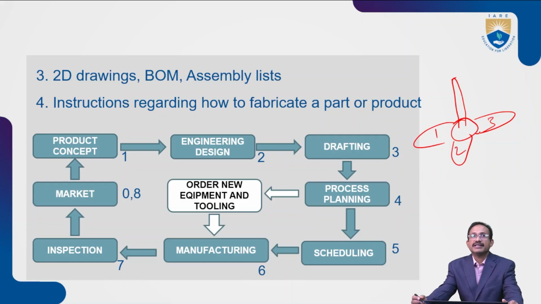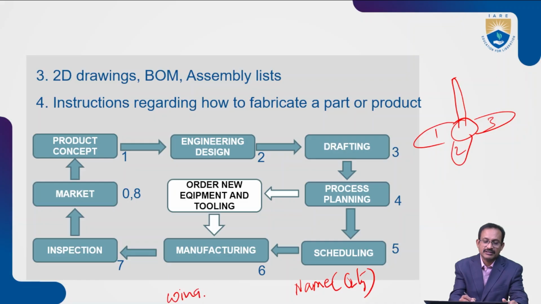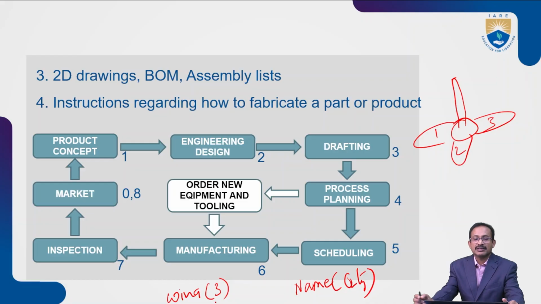In the bill of materials stage of drafting, we need not draw these three wings. In the bill of materials, we write the name and quantity of the parts, with the quantity within brackets. Here the name of the part is wing and quantity 3. So this is nothing but a bill of materials.